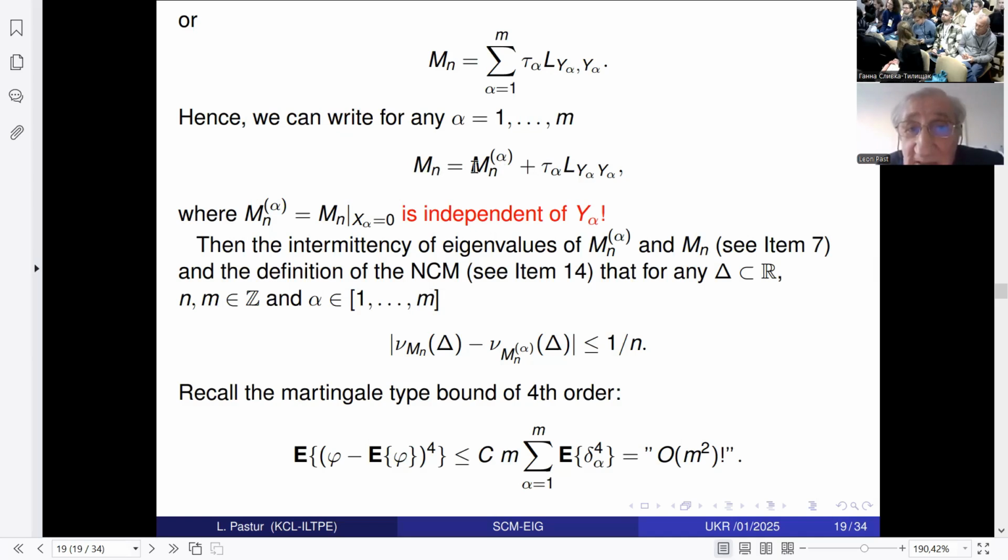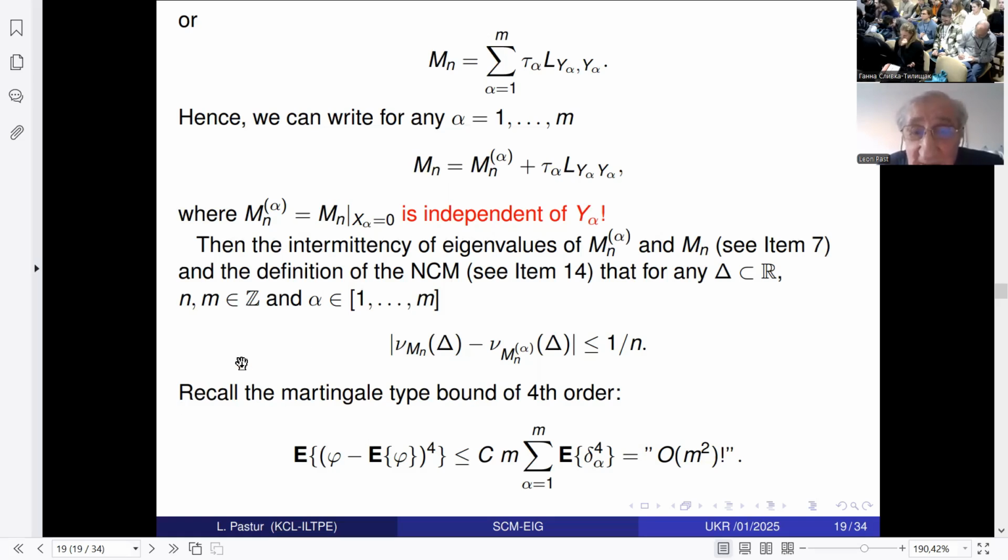So I write my matrix as a matrix where this is just notation. In M alpha, there is no X alpha or Y alpha, and this particular term, which I singled out. An immediate consequence of that: you see these two matrices, Mn and Mn alpha, they differ by a rank 1 projection.